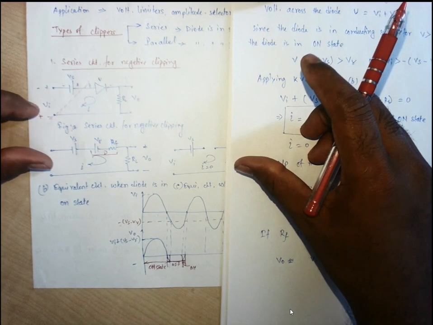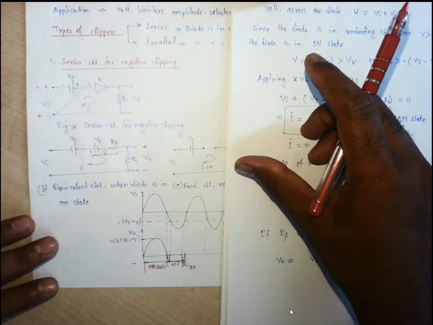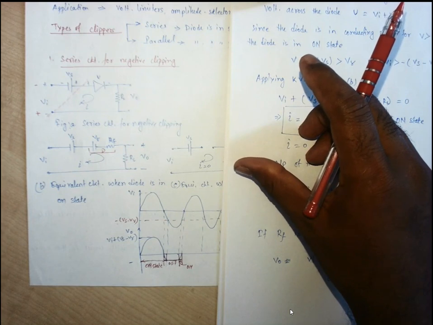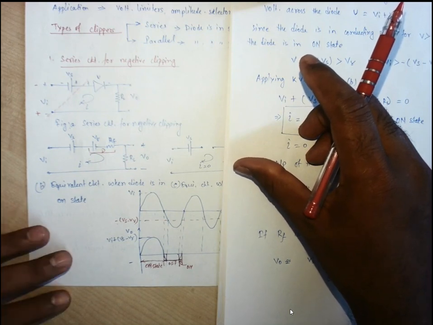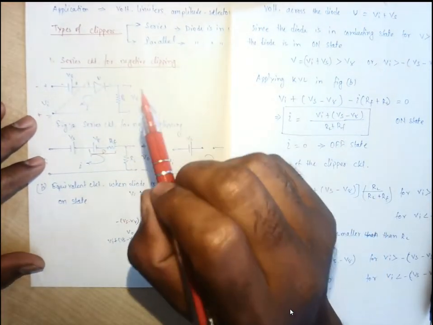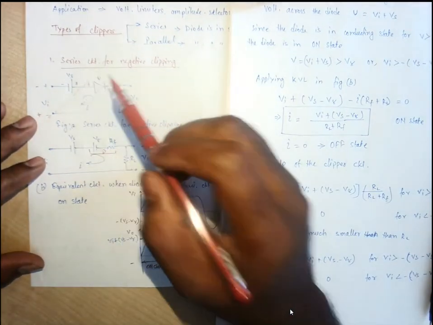This scenario is not at all in the positive half, it is in the negative half. So first of all you need to decide whether it is a positive clipping or negative clipping. Next, you need to take out the external factors, that is, is there any influencing factor which is influencing the on or off state of the diode.